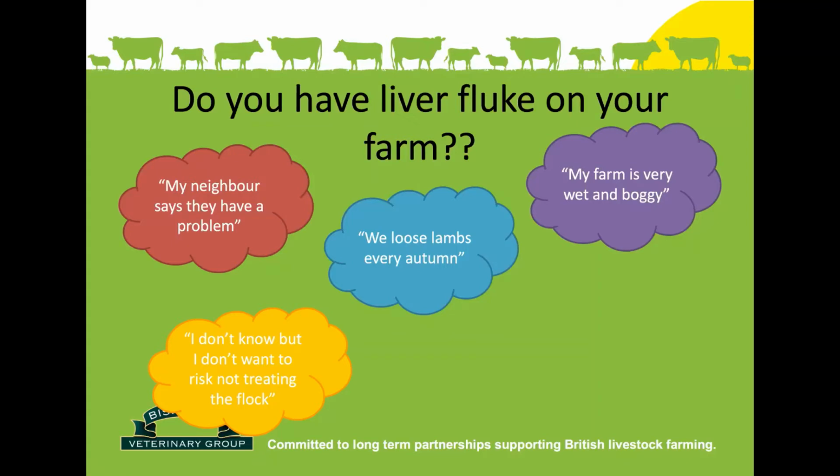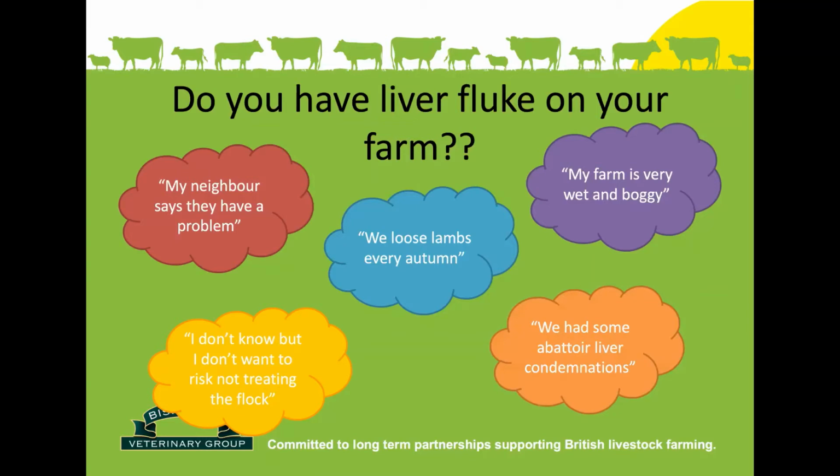And we lead ourselves into a false sense of security that we know that's one job ticked off, we're safe. But actually, are we safe? These products don't have persistent action. So once you've treated, what's inside the sheep is killed, but anything picked up the next day or 3 weeks later will be there, and the treatment doesn't affect what's picked up after treatment.